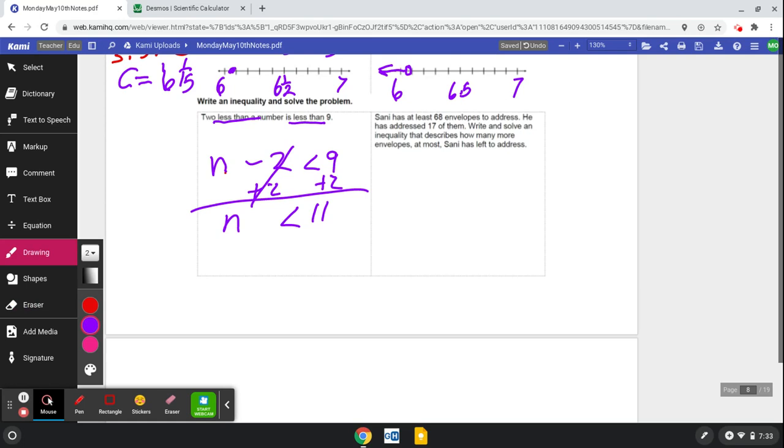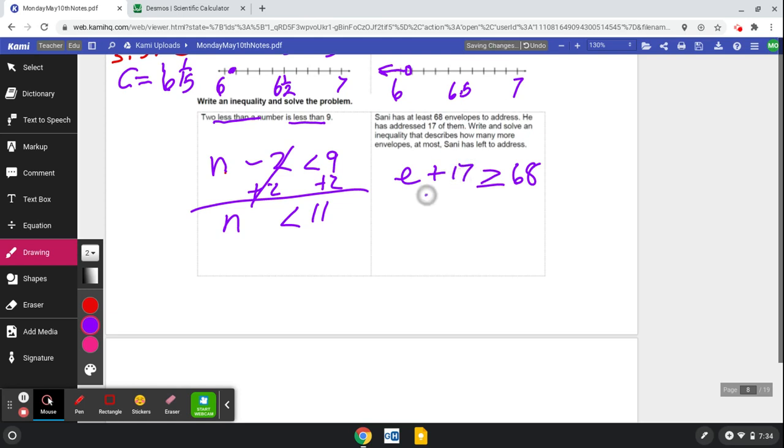Sonny has at least 68 envelopes to address. At least. So that means he is doing 68 or more. He has addressed 17 of them. Write and solve an inequality that describes how many more envelopes Sonny has left to address. So we have envelopes, and he's already done 17.